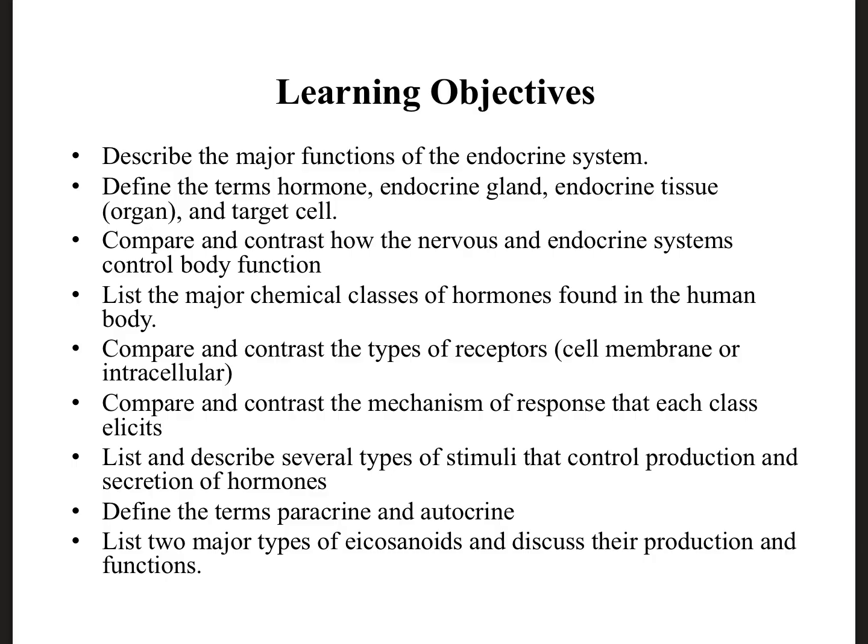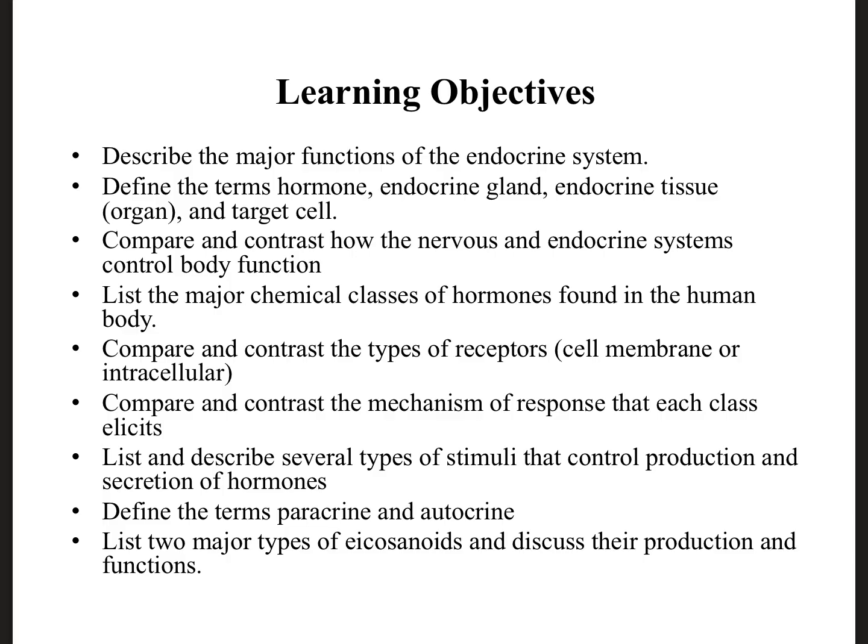And then we'll get into hormones in depth. We'll talk about the classes of them, whether they're steroid hormones or water-soluble hormones, and what the difference is. And that structural difference is important for how they work. We'll talk about the receptors that bind hormones and how they function.